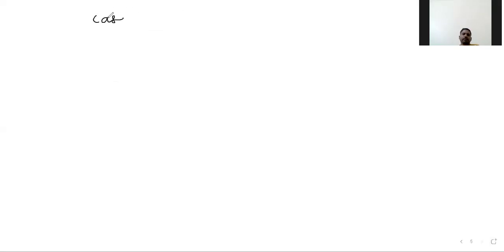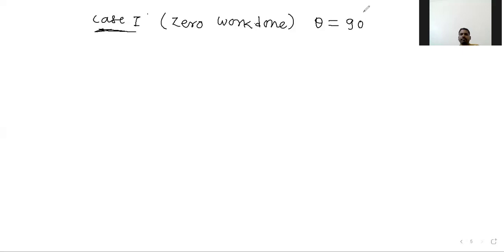Case number 1. In this case, we will discuss the zero work done. When would work be 0? In case of zero work done, the angle theta must be 90 degree between force vector and displacement vector. So I'll draw the diagram here for better clarity.